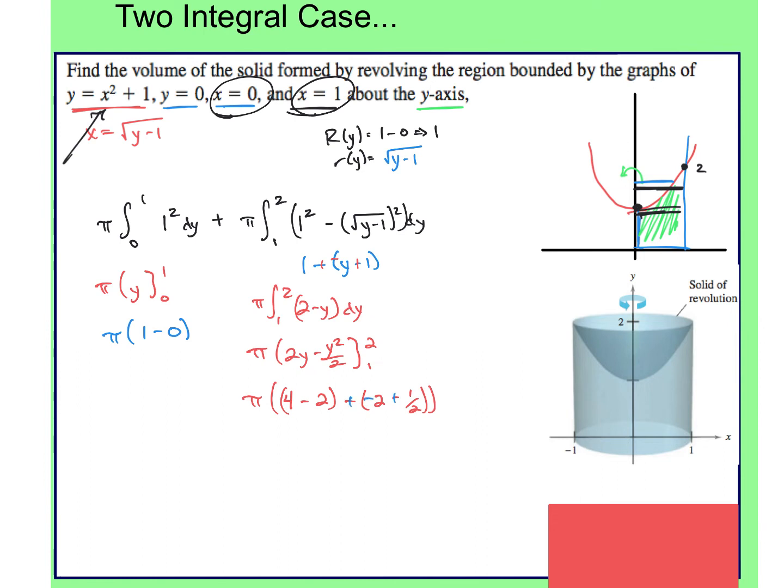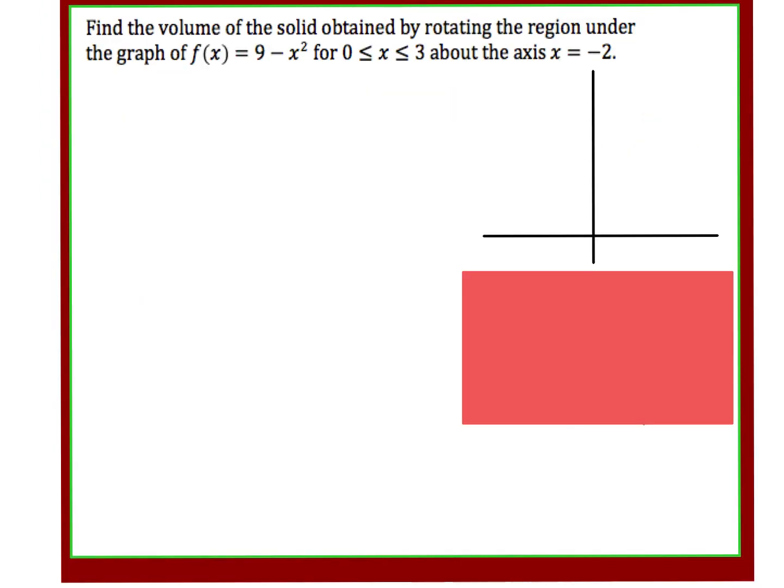So this portion cancels. So what are we left with? 1/2 pi. So I have pi over here, and I got 1/2 pi over there. How many pi did I get? 3/2 pi. So the volume is 3/2 pi. Pretty good? All right, let's keep going.